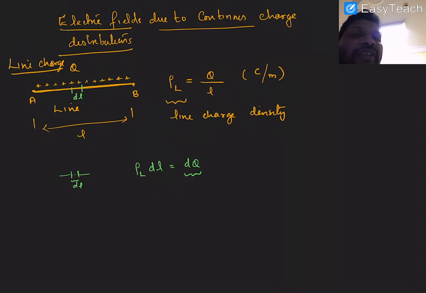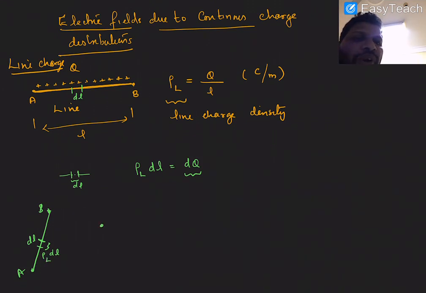Let us consider this is the line segment AB, and you have some differential length dl. In this differential length, the charge distributed is dl multiplied with the line charge density.